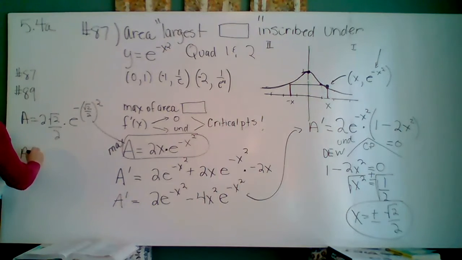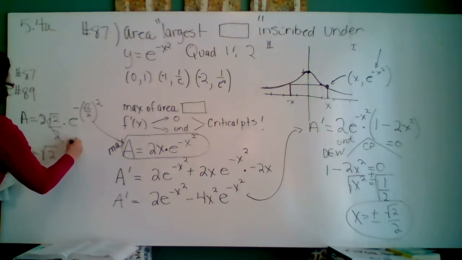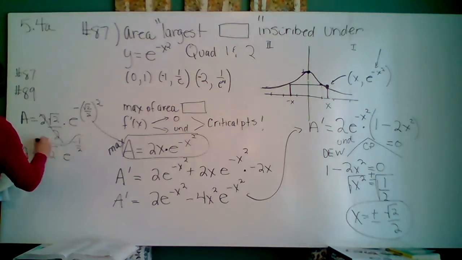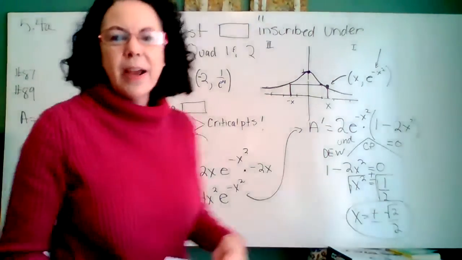Okay, so for that area, the 2's cancel, leaving the square root of 2. Square root of 2 over 2 squared is 2/4, which is 1/2. So that's e to the negative 1/2. So this would appear to be the area of that rectangle.